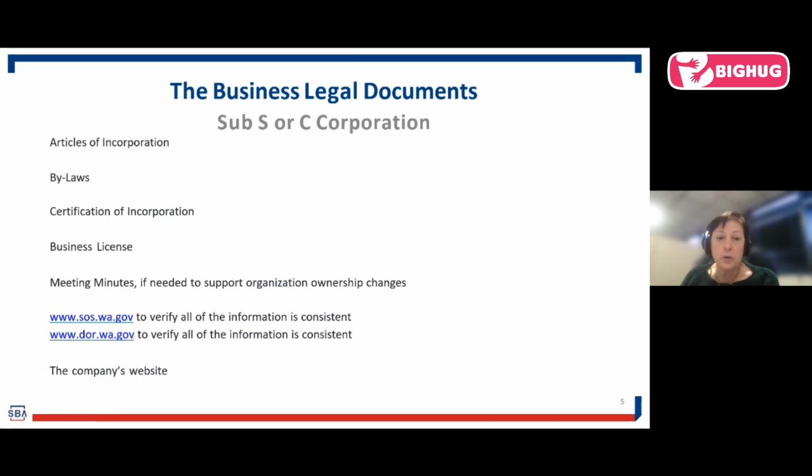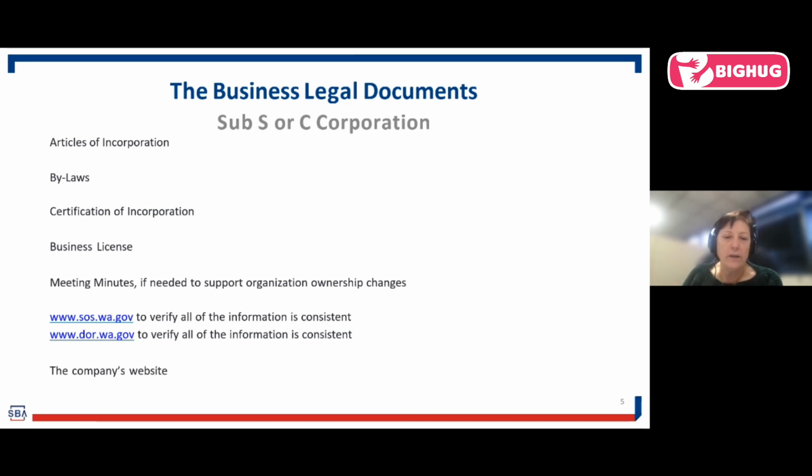You want to make sure that all of your information is consistent for your public records. That includes going to the Secretary of State website, the Department of Revenue website, and your company's website. And lenders check all that information to make sure that there's consistency of the data.